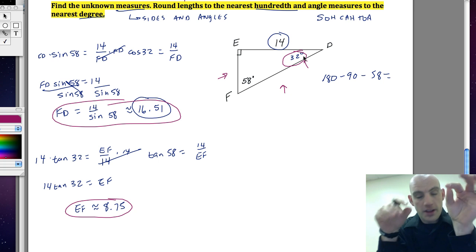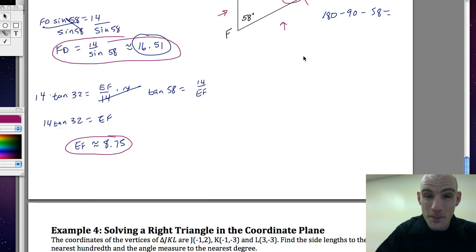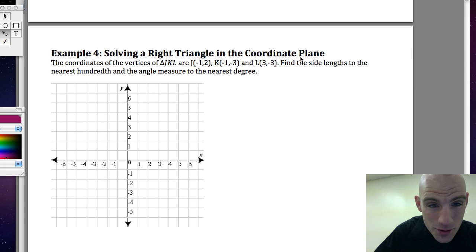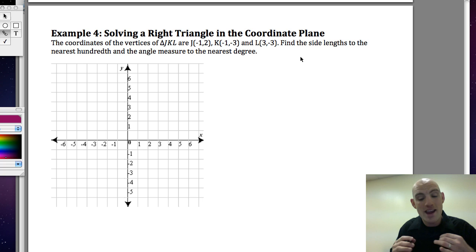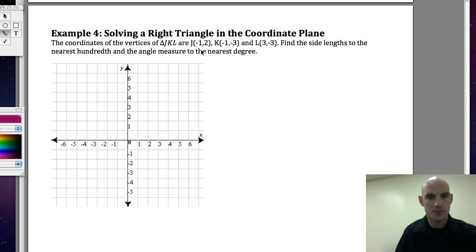I hope that you have seen how this works enough that when we move into the coordinate plane on this next one, you can do this. It's the same, it's the same, it's the same. We're just putting things in the coordinate plane. Let's plot these points. J, -1, 2.